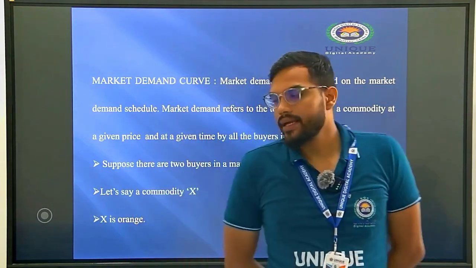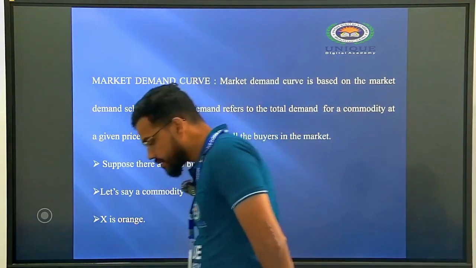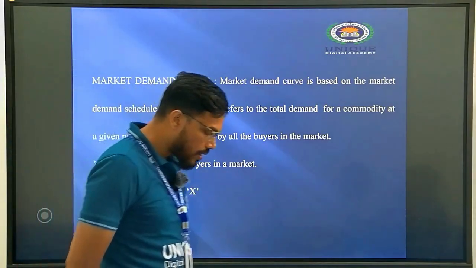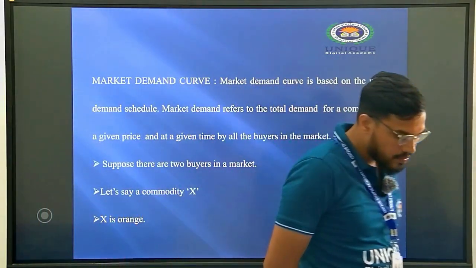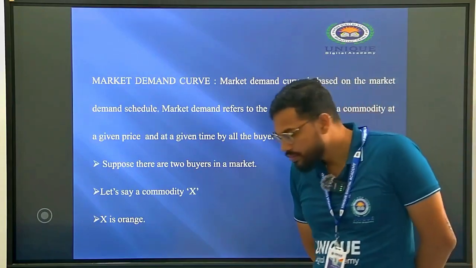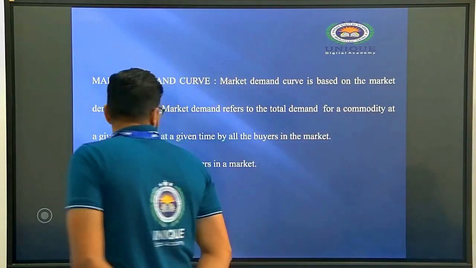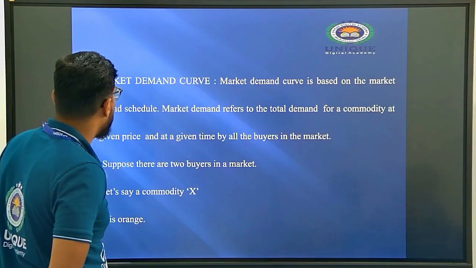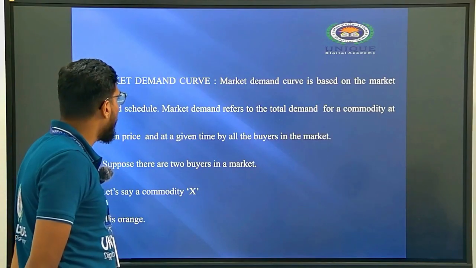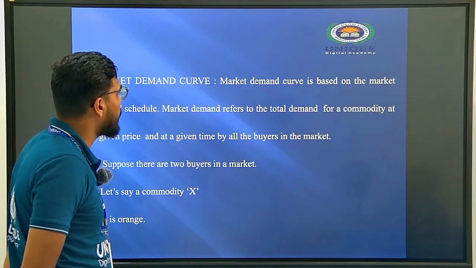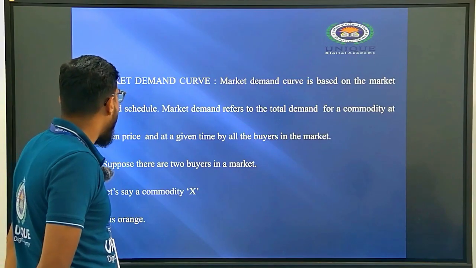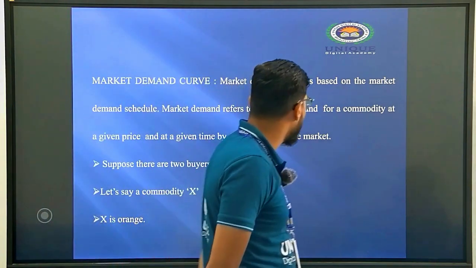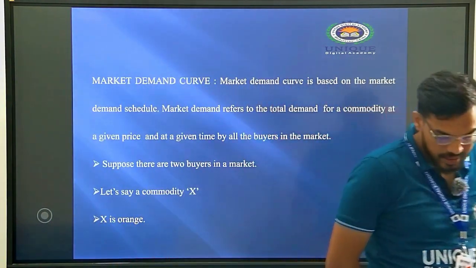So today we will discuss market demand curve, market demand table, or we can say market demand schedule. So market demand curve is based on the market demand schedule, and market demand refers to the total demand for a commodity at a given price and at a given time by the buyers in the market.